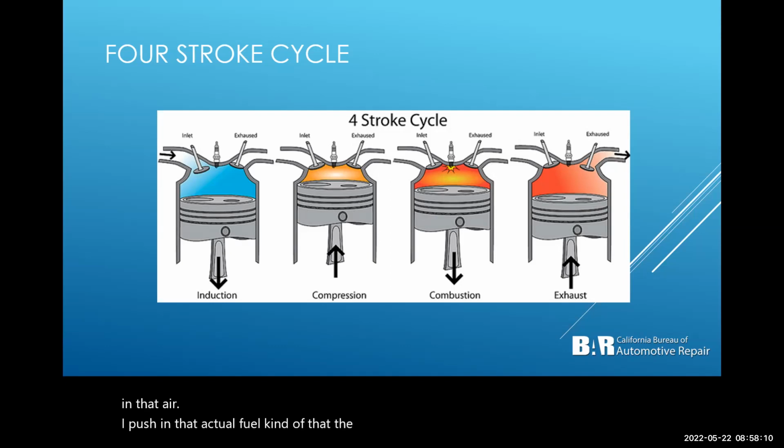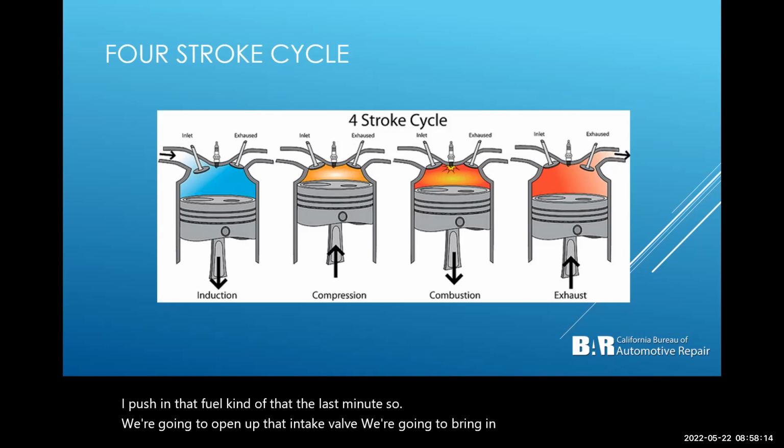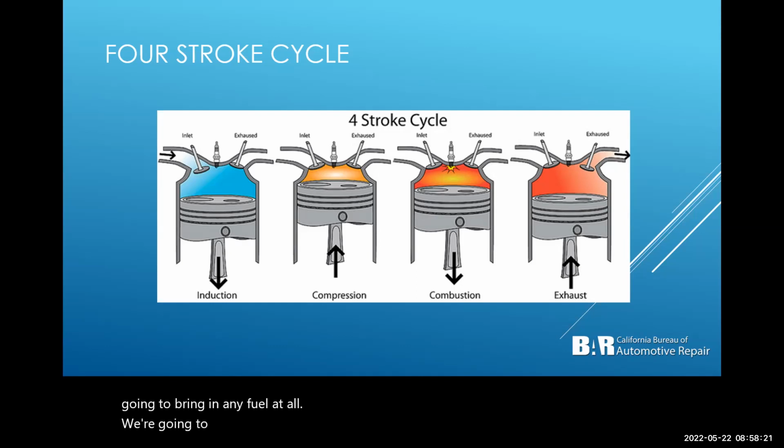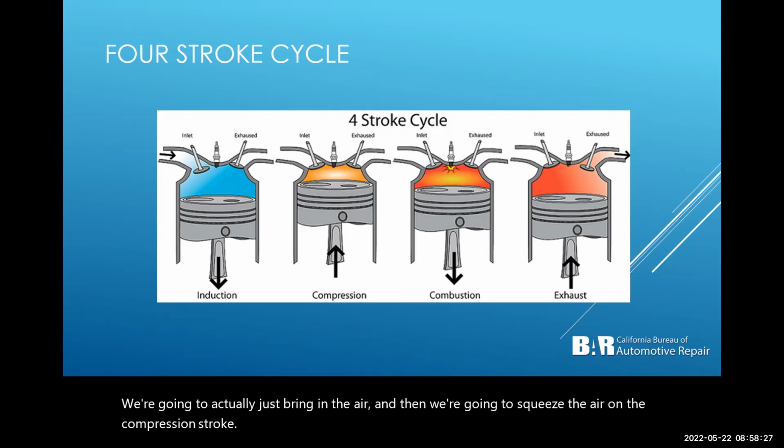So we're going to open up that intake valve. We're going to bring in just strictly air. We're not going to bring in any fuel at all. We're going to actually just bring in the air, and then we're going to squeeze the air on the compression stroke very, very tightly.